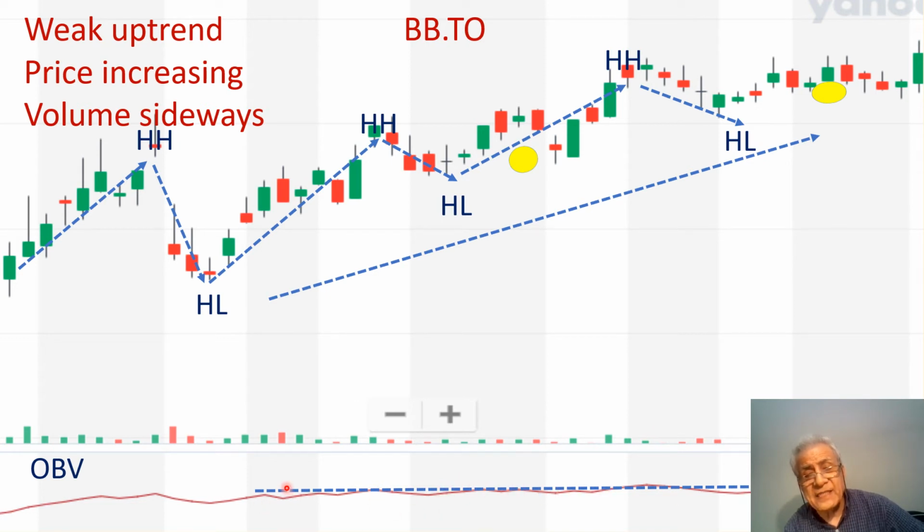So that is a good indication of a weak uptrend. It means that the strength of the buyers in the market decreased drastically and strong power is coming into the market by sellers. But it does not suggest a reversal.